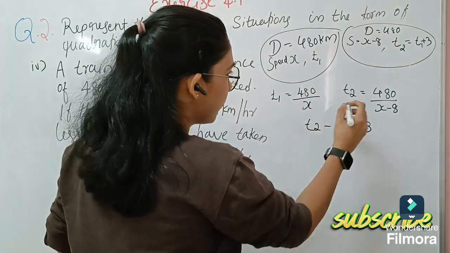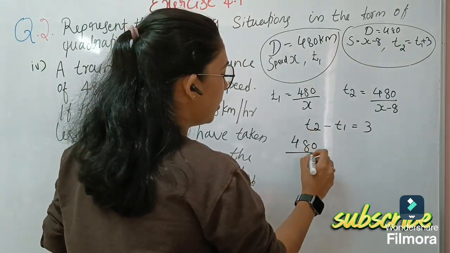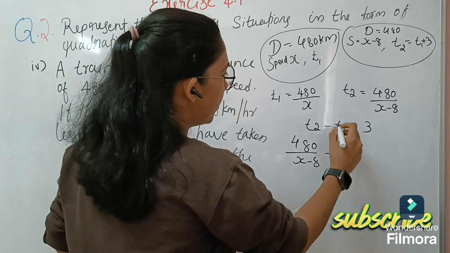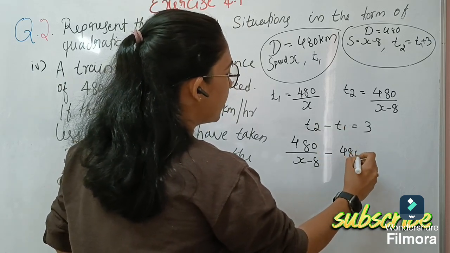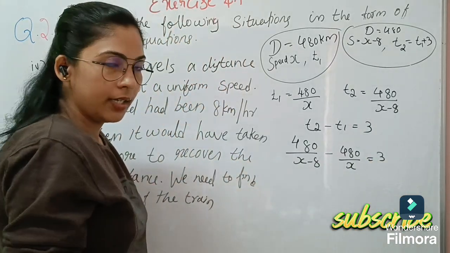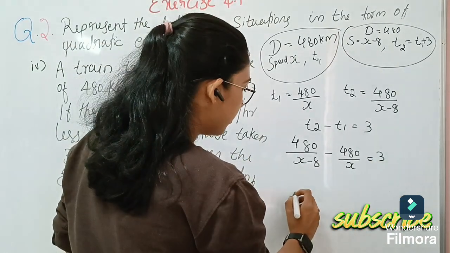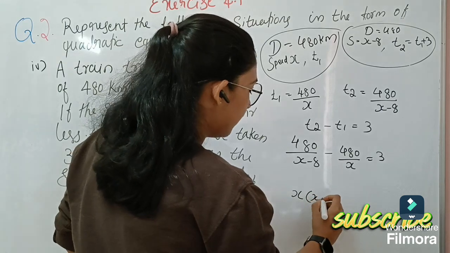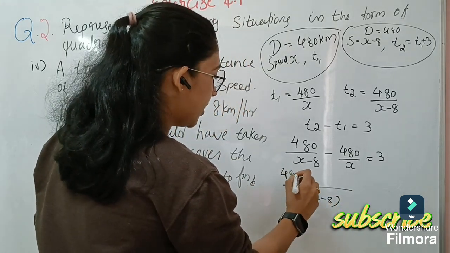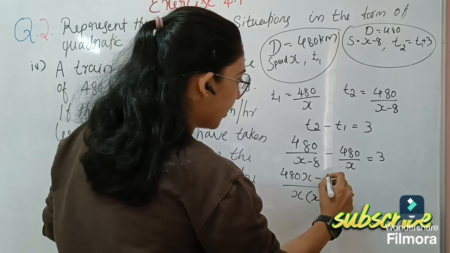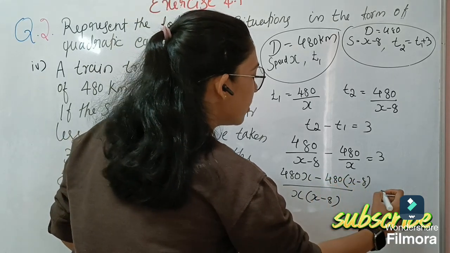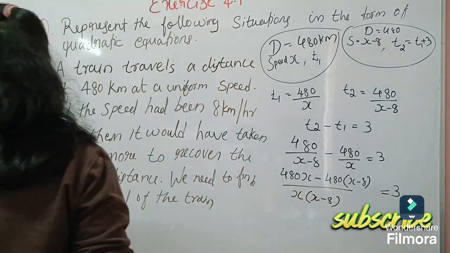Now 480 divided by x minus 8 minus t1, which is 480 divided by x, is equal to 3. And now take LCM. Then 480x minus 480 times (x minus 8) is equal to 3.